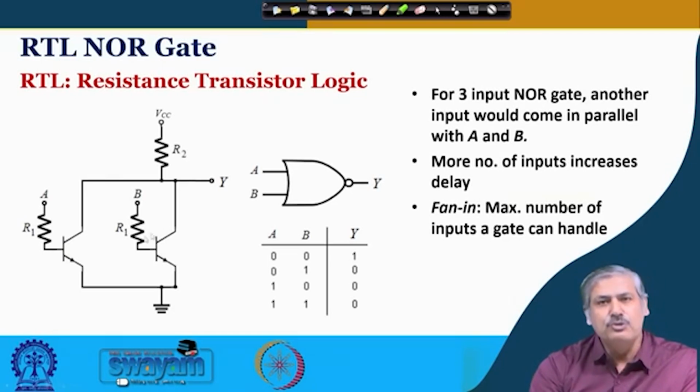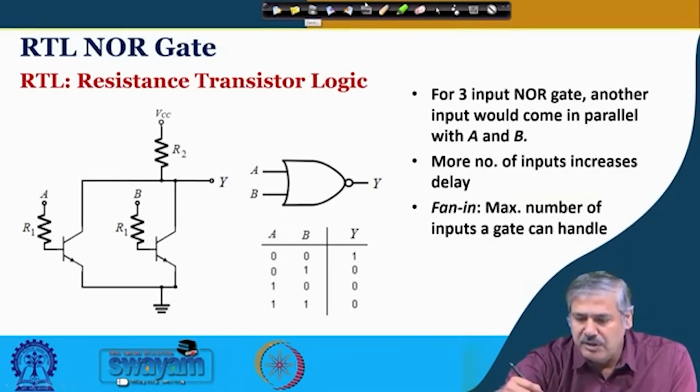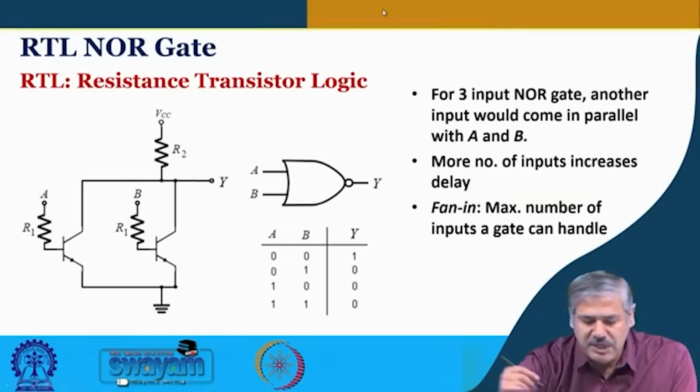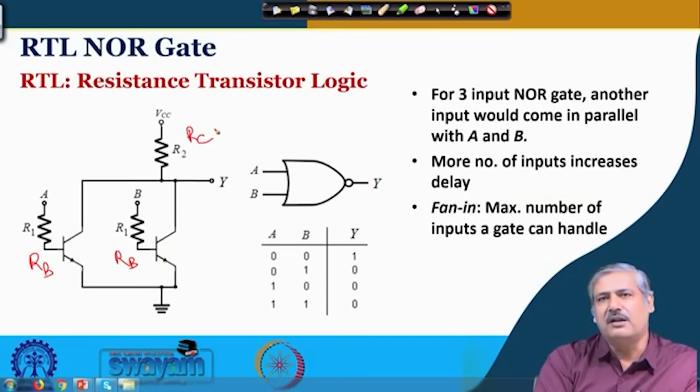Two such inverters, except for the collector resistance part, are in parallel. Okay. If we compare with what we had seen before, this is your RB, this is your RB in the earlier circuit, and this is your RC. Okay. So, they are made parallel to one another.